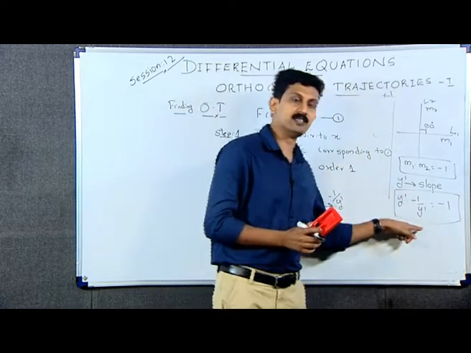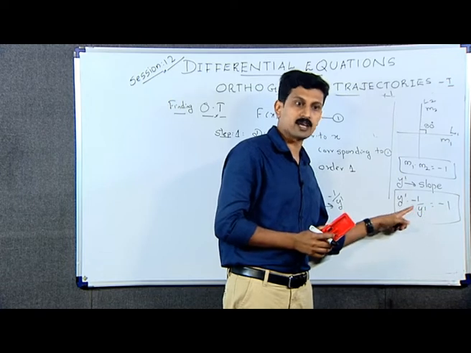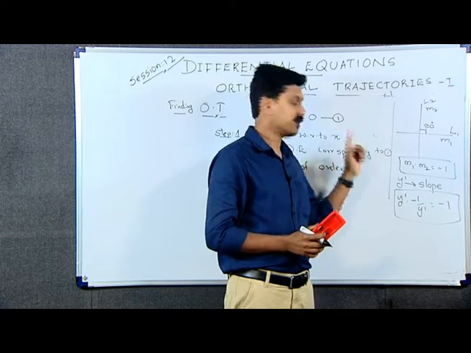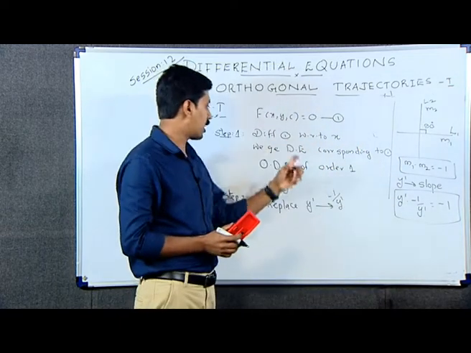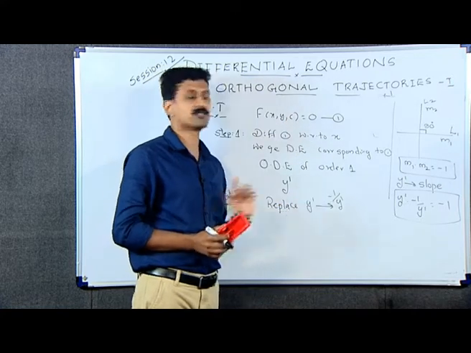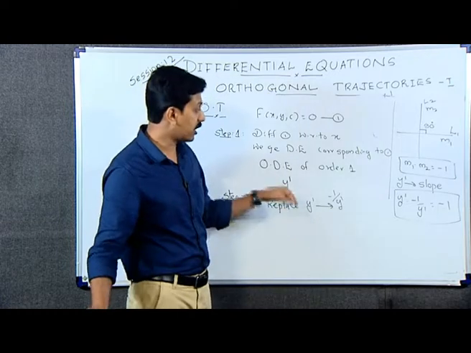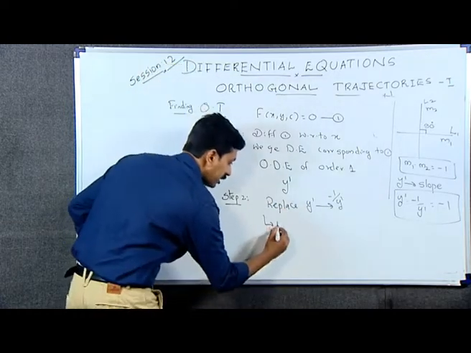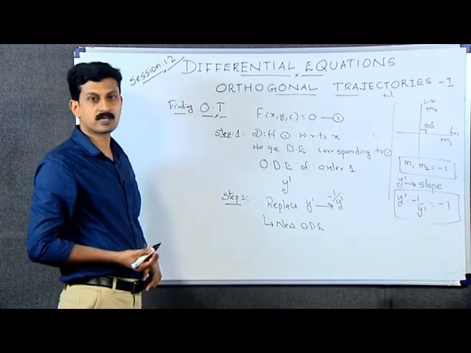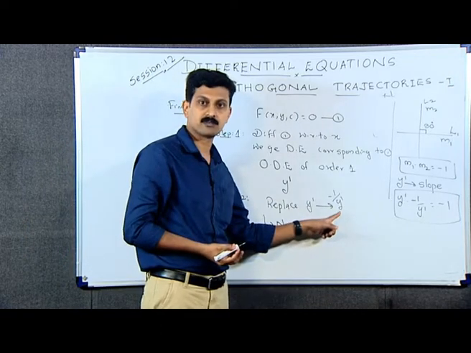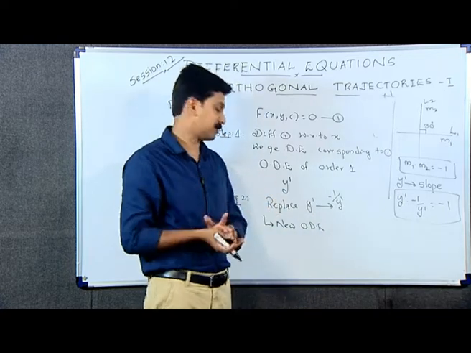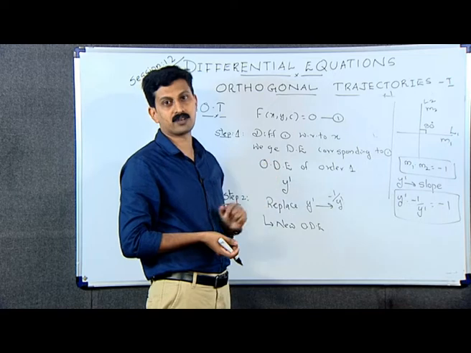Actually, we need to find a curve which is orthogonal to the given family of curves. That is why we differentiate to get a differential equation corresponding to (1), and then change y dash into minus 1 by y dash. That means we will have a new first order ordinary differential equation, and while solving it we will get the curves, lines or family of curves which is orthogonal to the given family of curves.